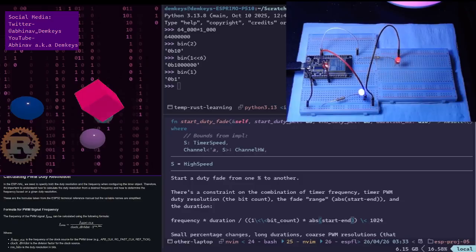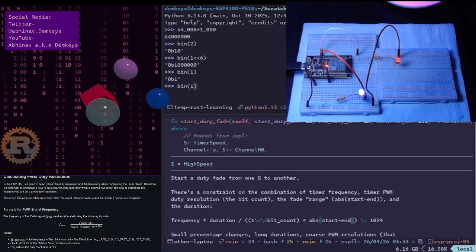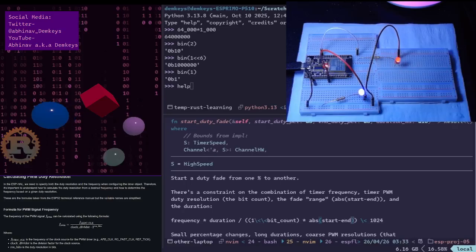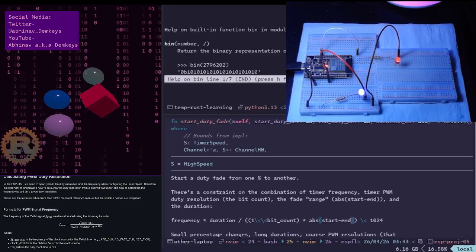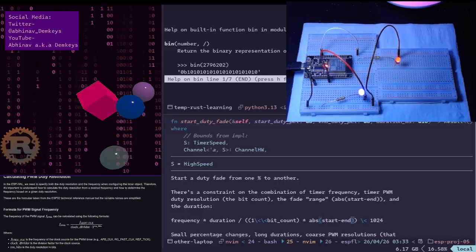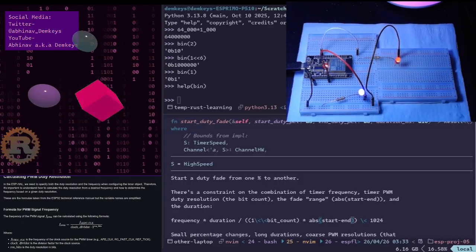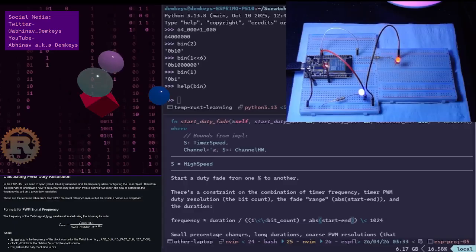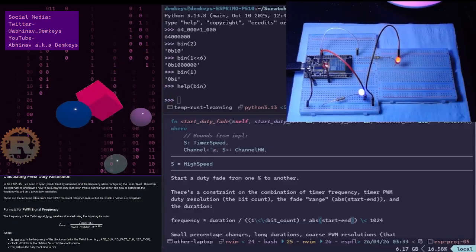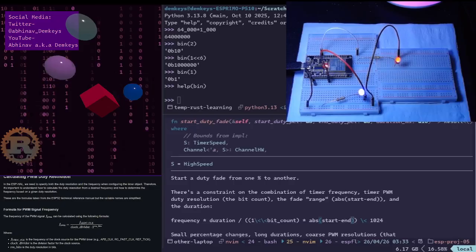I don't know if we are able to set, hold on, let me see, help bin. Yeah, I don't think we can specify the number of bits. There might be some function that does that, but this specific function doesn't do that. It only mentions as many bits as it needs to.